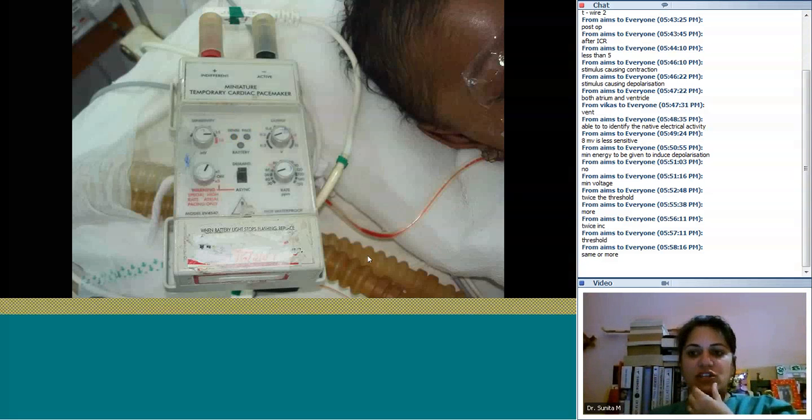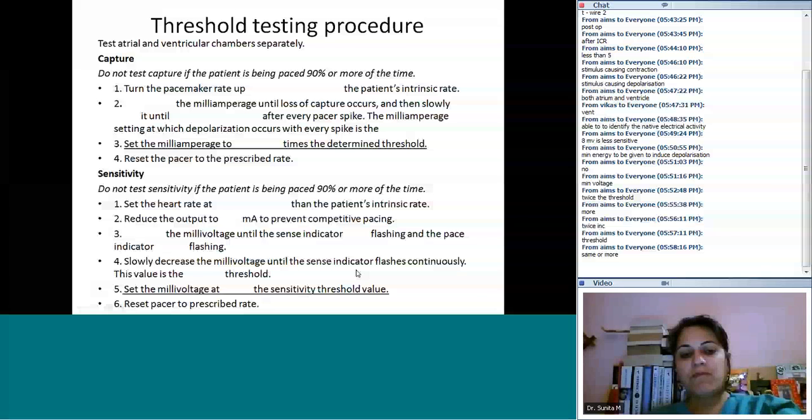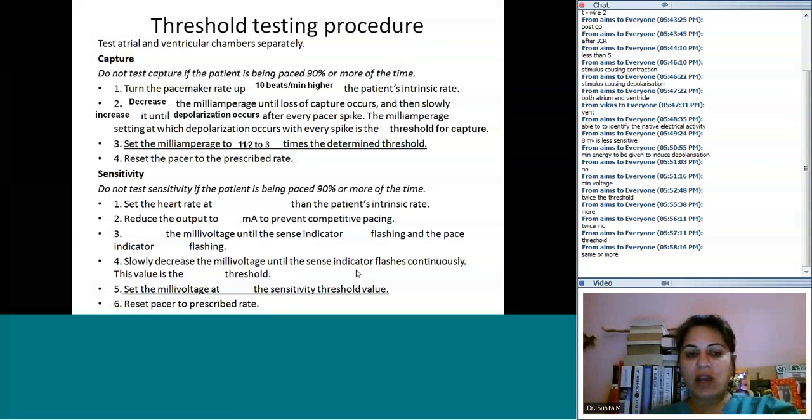So what you are essentially doing when you want to test your sensitivity is you put your heart rate lower, right? You put your output minimum, and you go on increasing from 1 to 2 to 3 to 4 until it stops sensing and the pacemaker indicator starts flashing. See, you have set the patient's heart rate at 80.